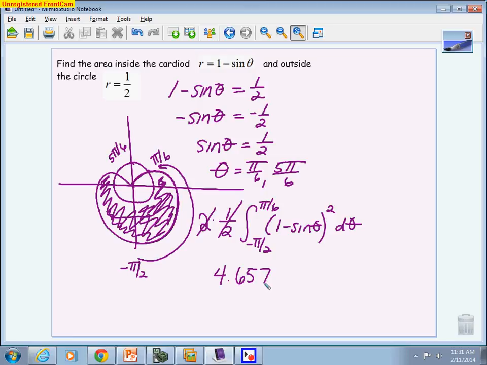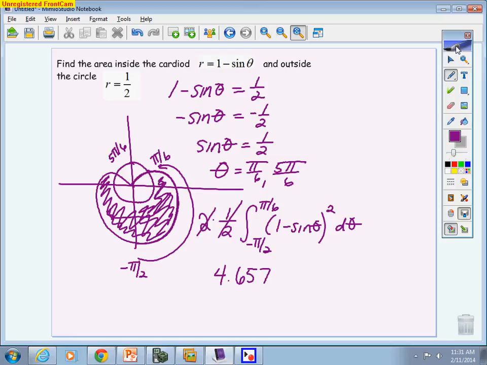Then I want to get rid of the stuff that's in the circle. So let me use a different color just so you can see a little bit more what I'm referring to. What I don't want to include, that's part of the cardioid, but it's also part of the circle, is I want to subtract out what is in red. So a couple ways to do this. Instead of doing it geometrically, I decided to just stick with more of a calculus-based approach here.